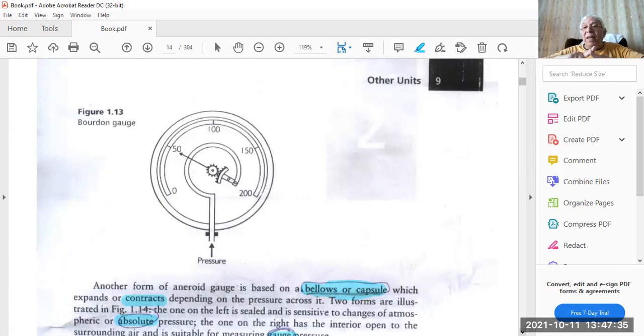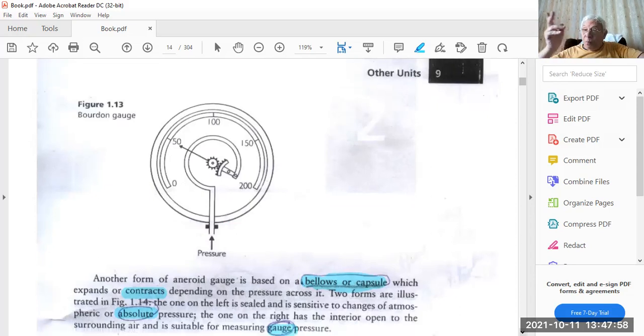What's the importance of the gear system? It exaggerates the response and makes it easier to observe. So whenever I apply pressure to this tubing, it becomes straightened, so the pointer will move, giving a hint about the pressure. It is called aneroid because aneros means no water, no spill of water.